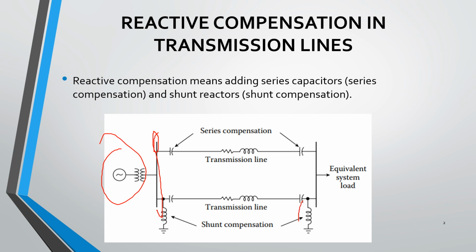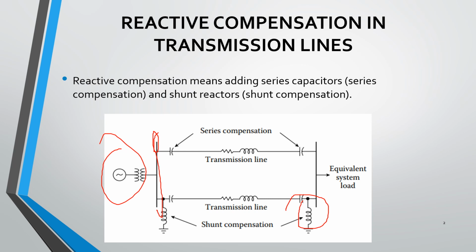These are the reactors, or you can say inductors, connected in parallel with the transmission line to compensate the power stability or the voltage drop. So in short, we will discuss series and shunt compensation of the transmission line.